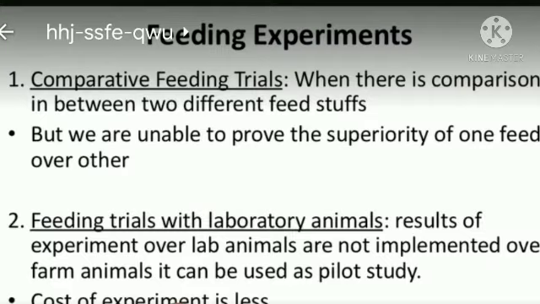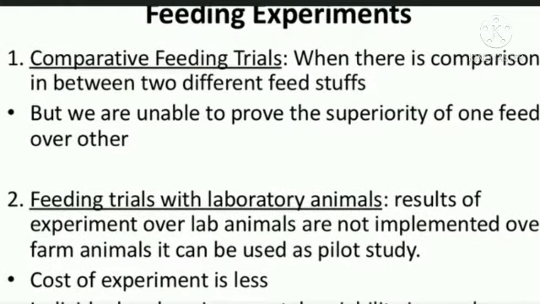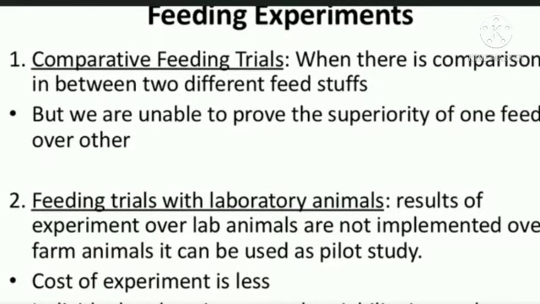Now there are many different types of experiments which we usually conduct in nutrition, to evaluate the importance of any particular nutrient, or if we have to evaluate any particular feed source, then we have to conduct some type of experiment.